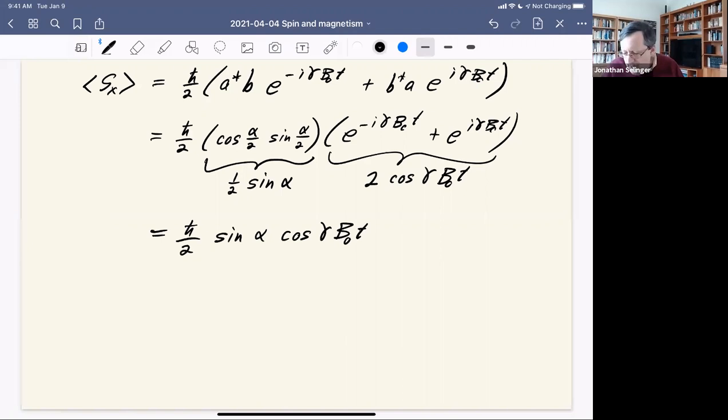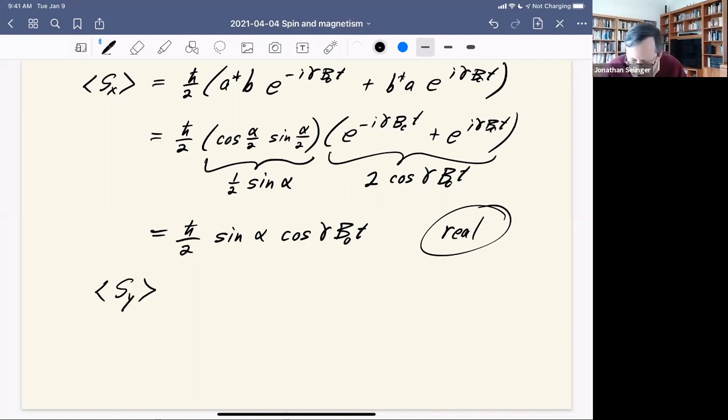Incidentally, as a nice check, you can see that this is real. It better be real, right? Because it's an observable quantity, the expectation value of the spin in some direction. So it's the expectation value of a Hermitian operator. It better be real.